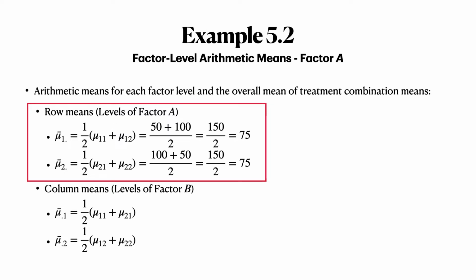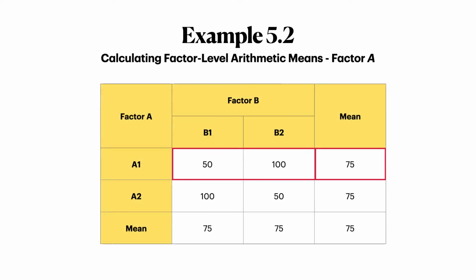Mu bar 2 dot is the mean of the second level of factor A, and the treatment combinations that have that second level have treatment combination means of 100 and 50, and so again, when we average those two values, we get 75. And we can see these calculations in the context of the table.